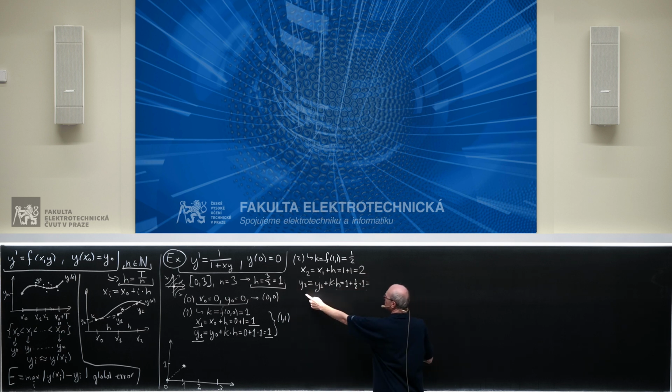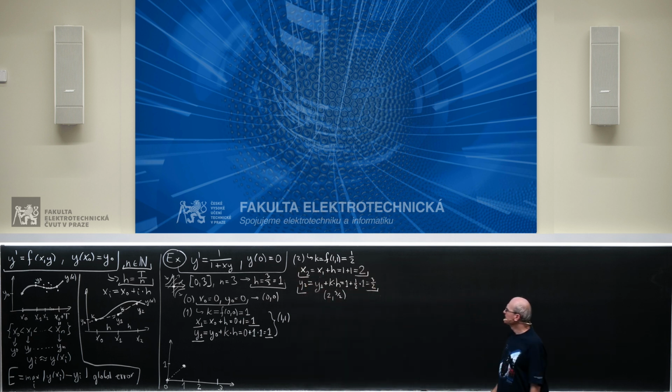So the next value for y is 1 plus 1/2, which is 3/2. Very nice. If you want, you can write that the next point is 2, 3/2. But actually, from a practical point of view, it may be better to just talk about the coordinates x2, y2, because we will need them anyway.